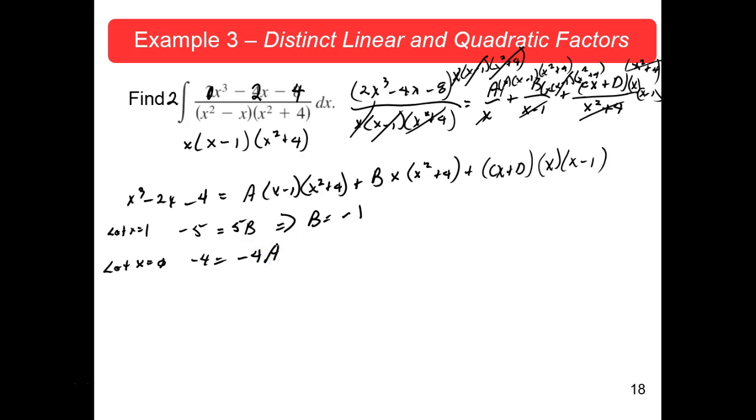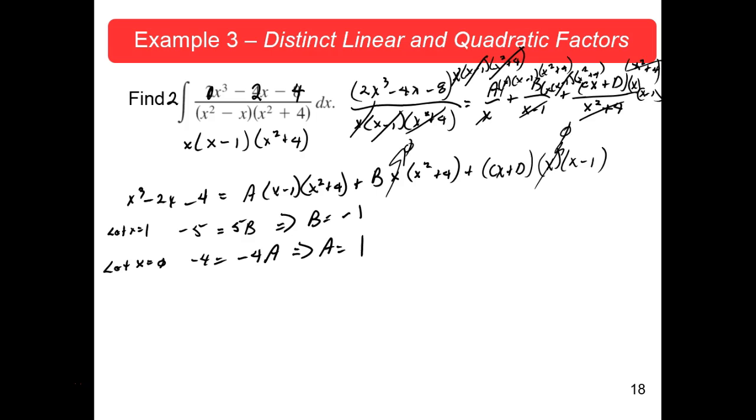The b term, when you let x equal 0, goes to 0, so that term all disappears. And when x equals 0, this one goes to 0, so that term disappears. So guess what we got a to be? 1. Excellent.